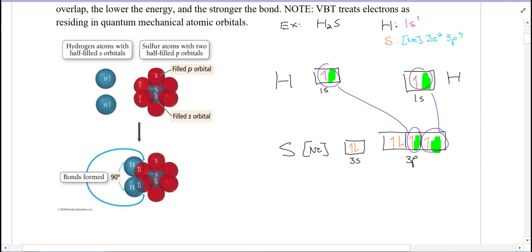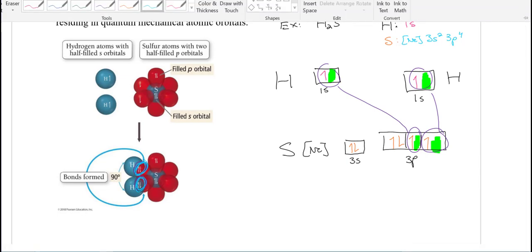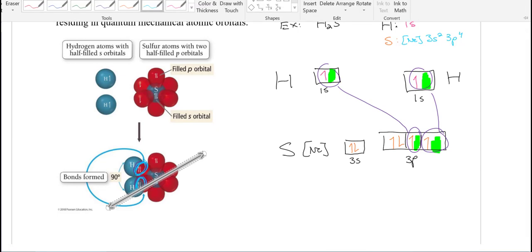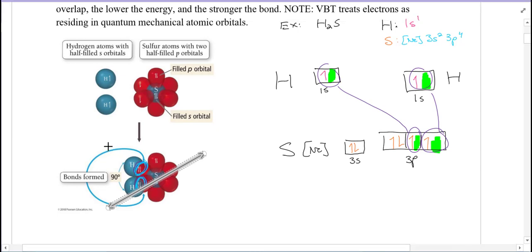that looks like this picture over here where there are two bonds. There's a bond, there's a bond on the p orbitals. And if you look at these axes, that's one axis, another arrow here, and that's another axis.